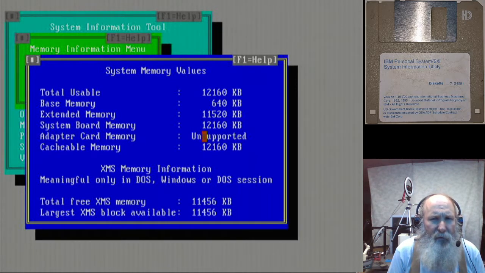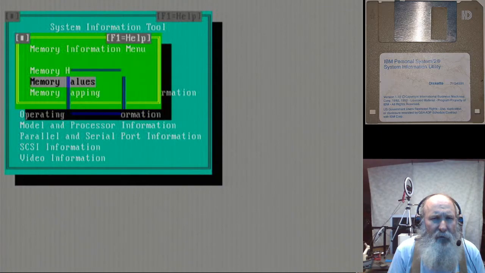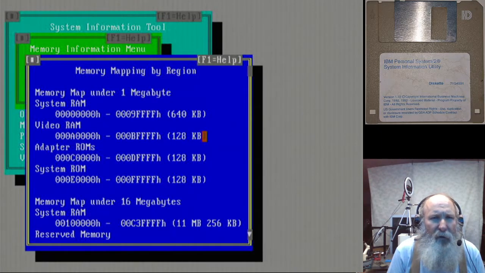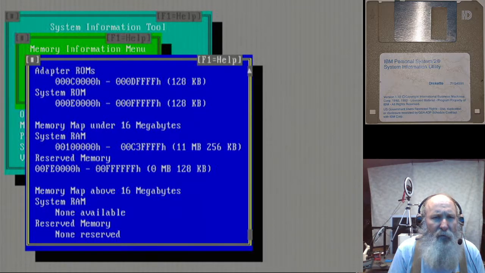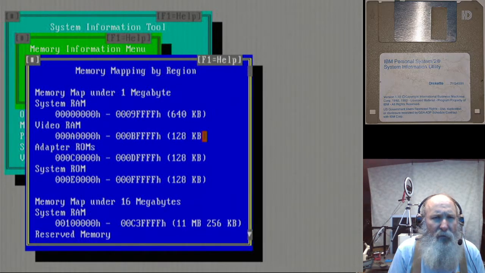Okay. Now I apologize for the mouse cursor being in the way of some of that detail. Mapping. Interesting, that shows the video RAM, of course, mapped to the system.